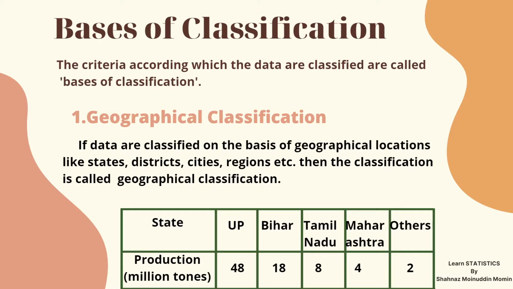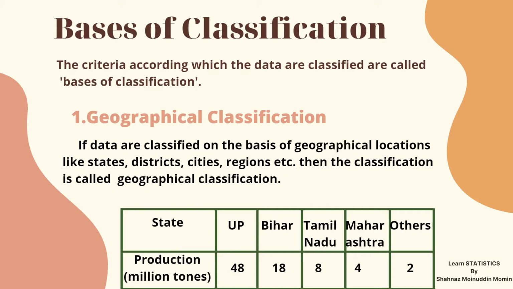If data are classified on the basis of geographical locations like states, districts, cities, regions, etc., then the classification is called geographical classification. For example, consider the production of sugar cane in India classified according to state wise, which is given in the following table.